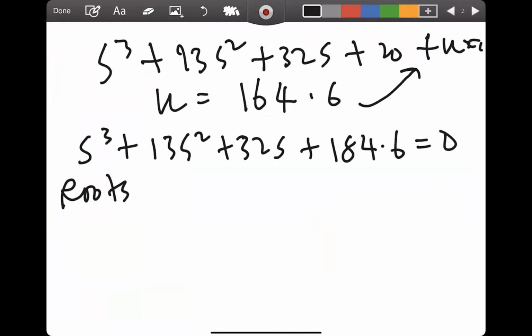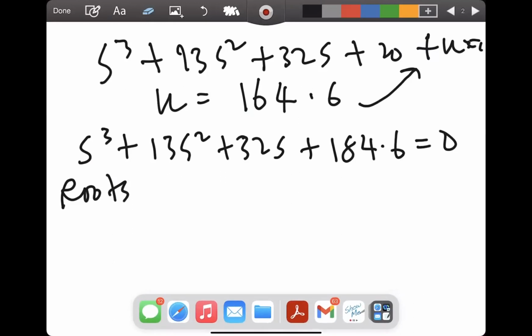Sanzira, find the roots. What are the roots?